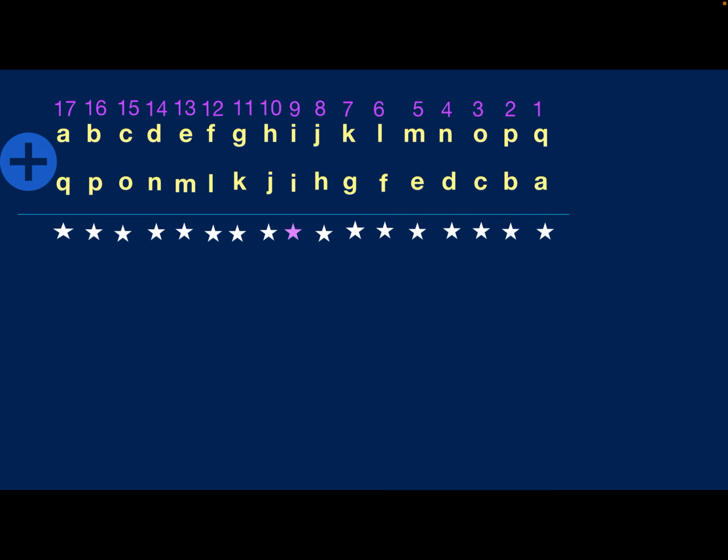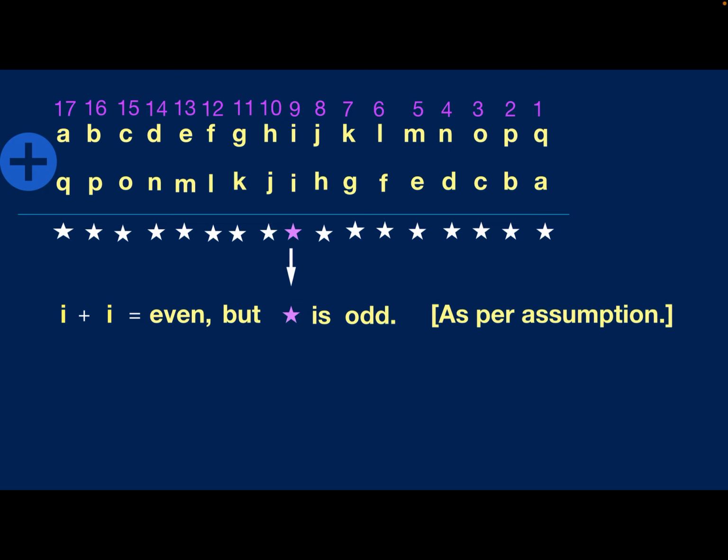We will get an even number. Here the pink star expresses the sum of the two I's, but we have already assumed that all stars are odd.